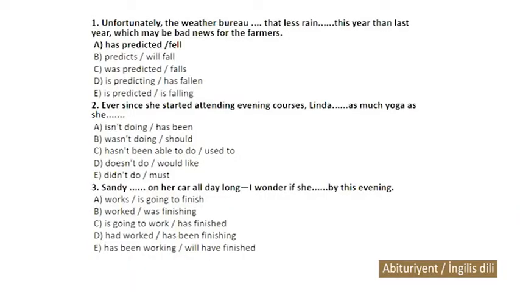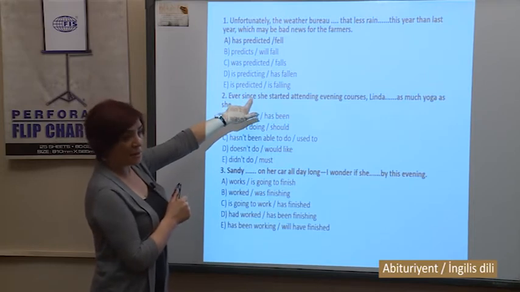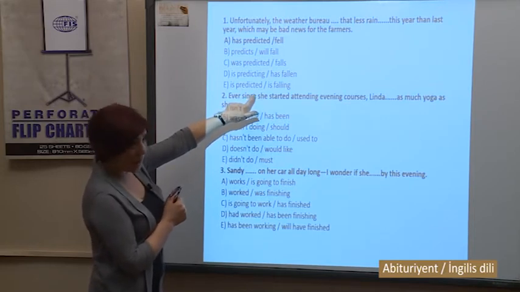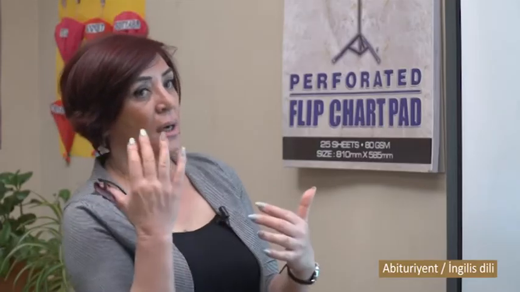Second, ever since she started attending, you see, ever since it is past simple, and you know that if the since sentence is in the past, what about the next sentence? It means that main sentence is in perfect.